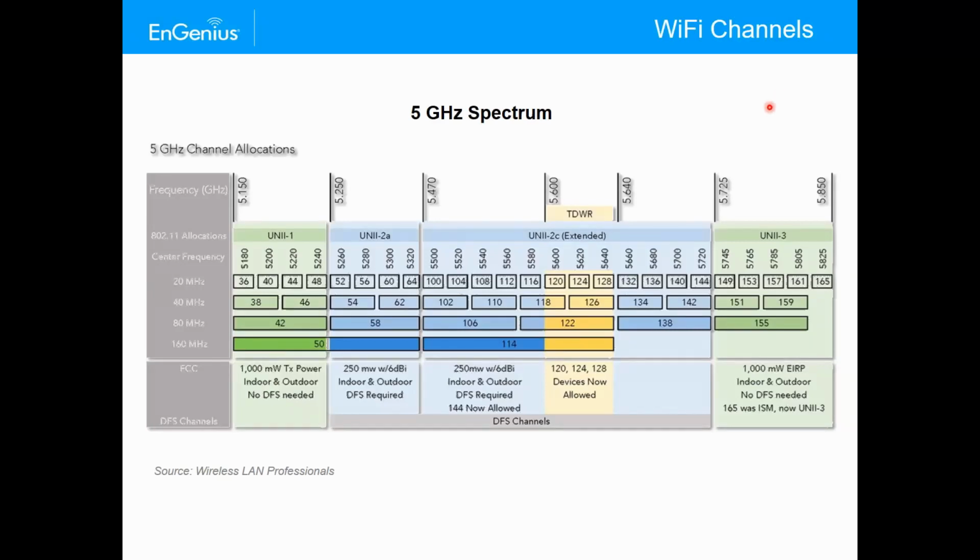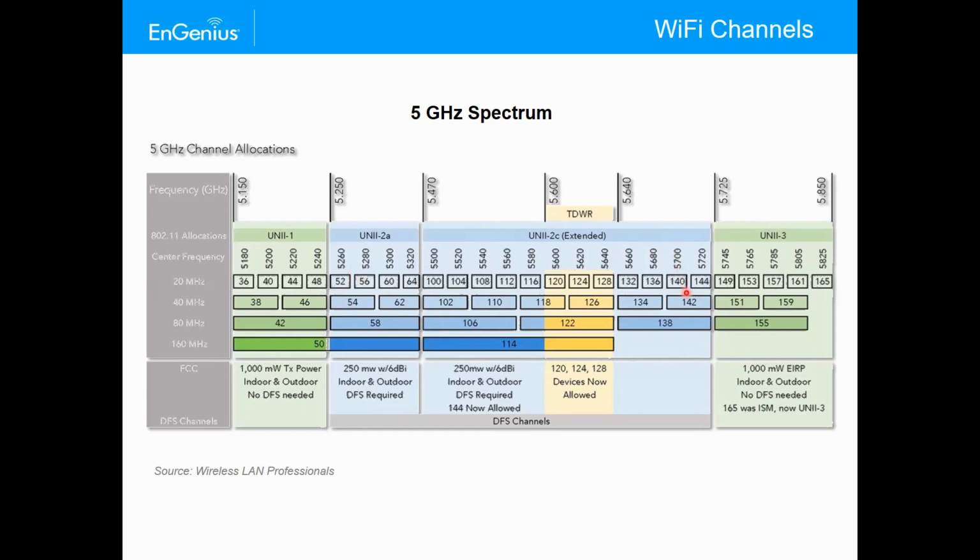But on the 5 gigahertz side, it's a bit different, especially for outdoor deployment, because on 5 gig you have the so-called DFS channels, or dynamic frequency selection channels. Those are channels 52 up to 144.